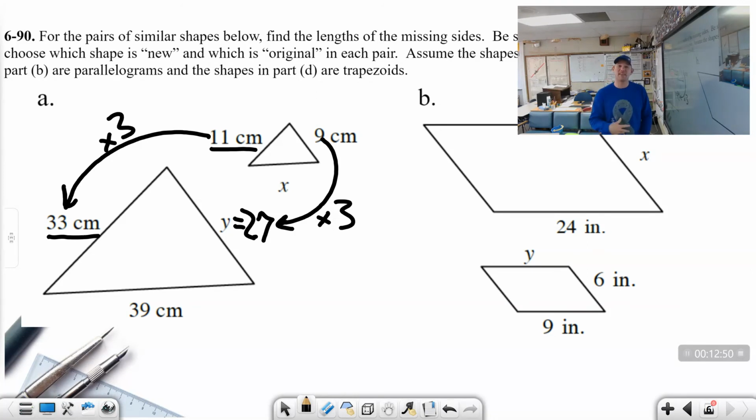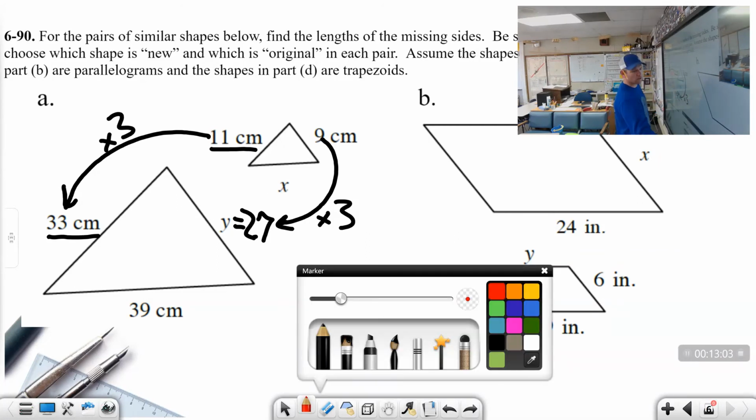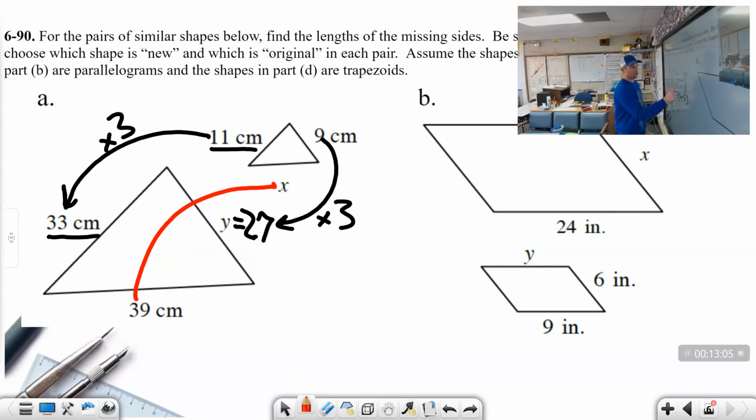Now, if I need to go in the opposite direction, what is the opposite of multiplying by 3? Well, if I'm trying to go this way, I should change colors because I'm using the opposite. I'm going that direction now. So instead of going from 11 to 33, I'm going smaller. Well, I could multiply by 1/3.